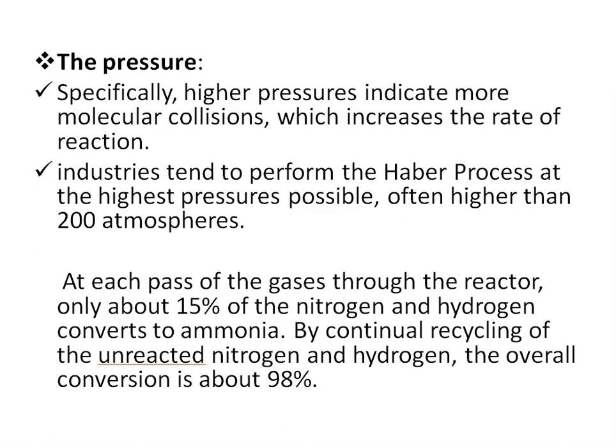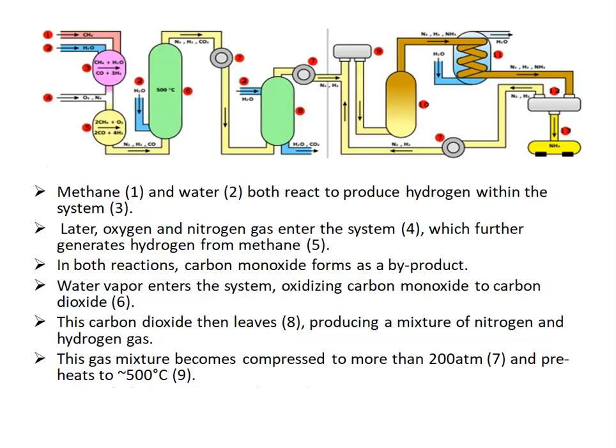At each pass of the gases through the reactor, I will show you this apparatus, only about 15% of the nitrogen and hydrogen converts to ammonia. By continual recycling of the unreacted nitrogen and hydrogen, the overall conversion is about 98%, right?